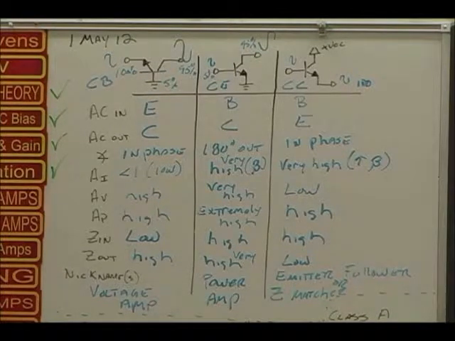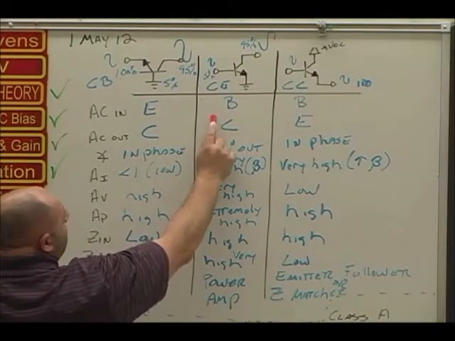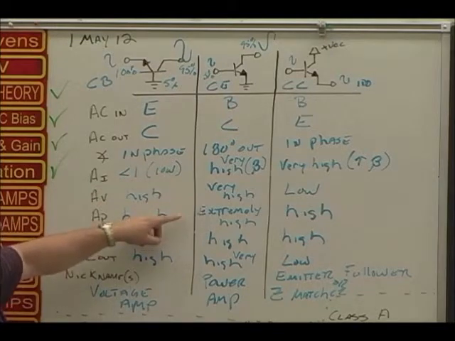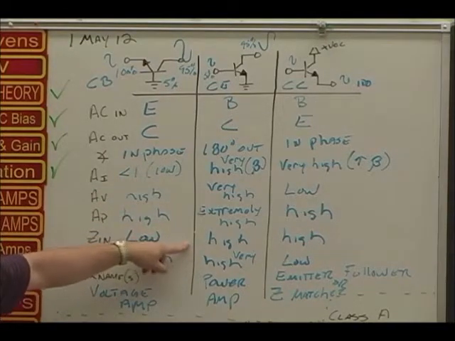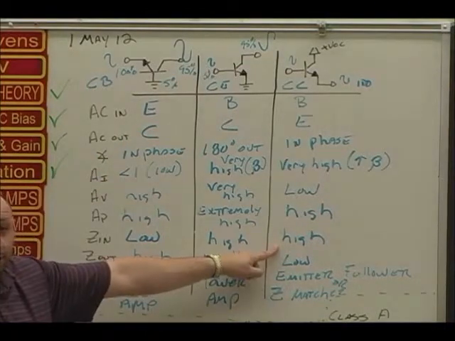Whenever the input is on the base, or whenever you're dealing with the base, guess what? Let's see. Common emitter input impedance. Input's on the base. Look, high for common emitter. Input's on the base for common collector.